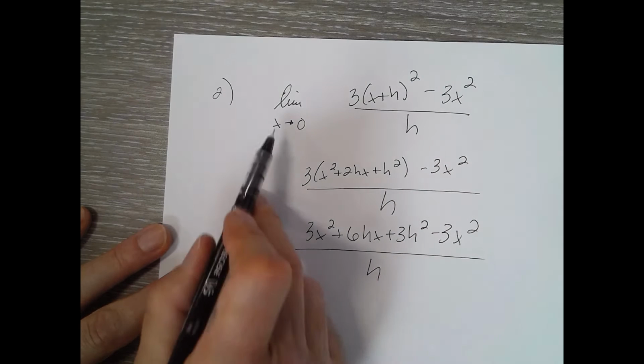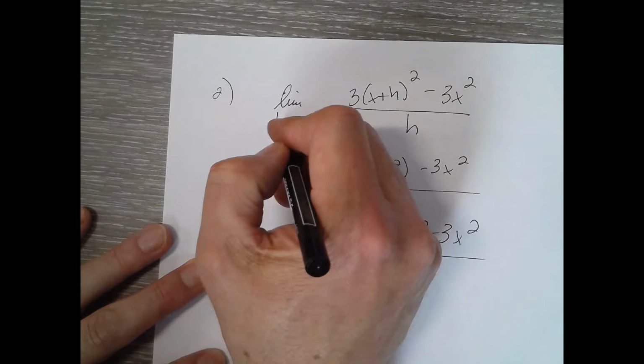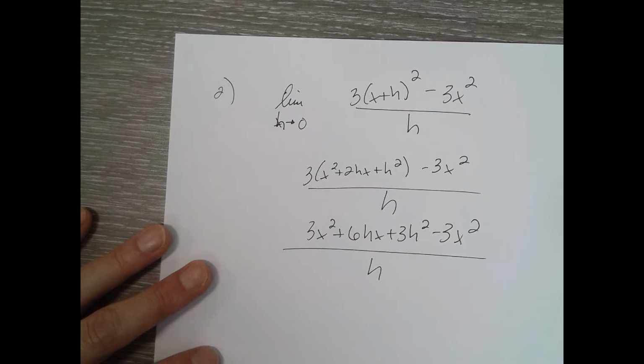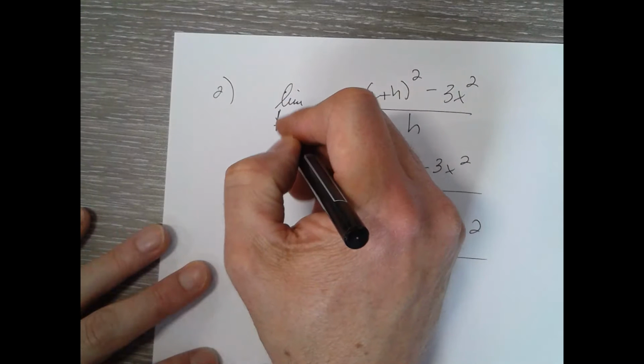Finding the limit as x, oh, this should be h goes to 0. So you might have been right because I wrote it down wrong. Why would you think that this is an x? It's clearly an h right there.